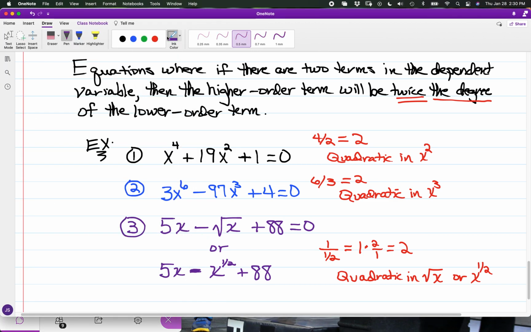Remember, the nth root of a to the m goes hand in hand with a to the m over n. So if I have the square root of x, it's the second root of x to the first, so you have x to the 1 over 2.